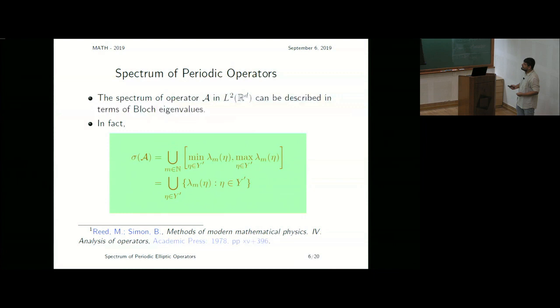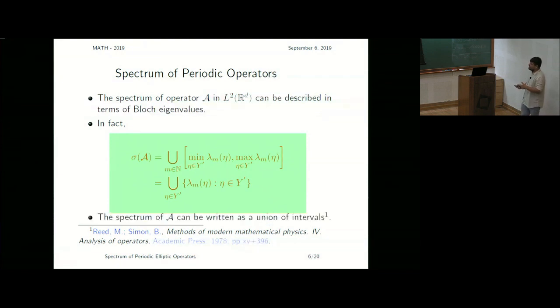It can be written as the union of these intervals whose endpoints are the minimum of the mth Bloch eigenvalue and the maximum of the mth Bloch eigenvalue. And it can also be written like this. So this is a description of the spectrum of the operator A in terms of Bloch eigenvalues and Bloch eigenvectors.